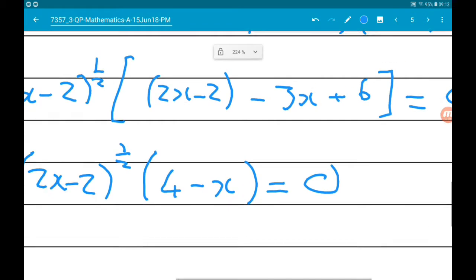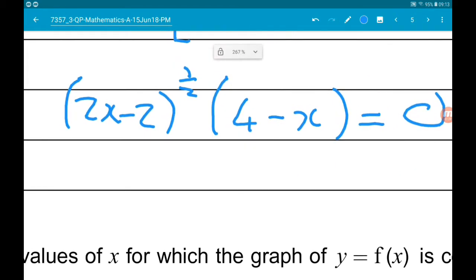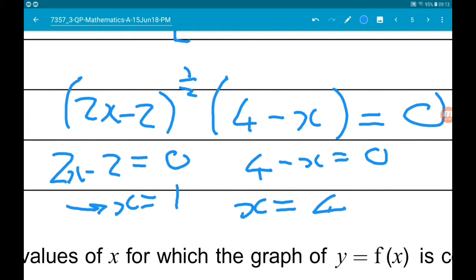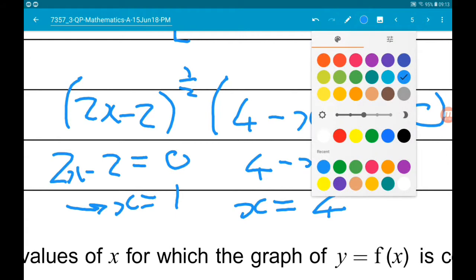Now that stuff is equal to 0, so either 2x minus 2 is equal to 0, which would tell us x is equal to 1, or 4 minus x is equal to 0, which would tell us x is equal to 4. Now it told us to show that there is only one point of inflection.